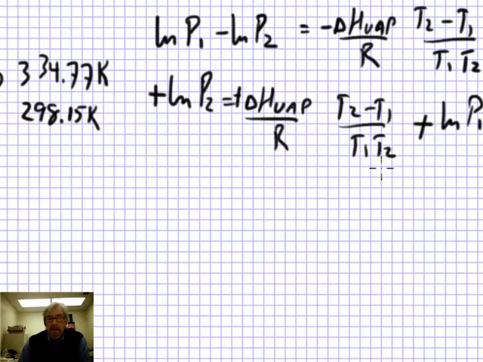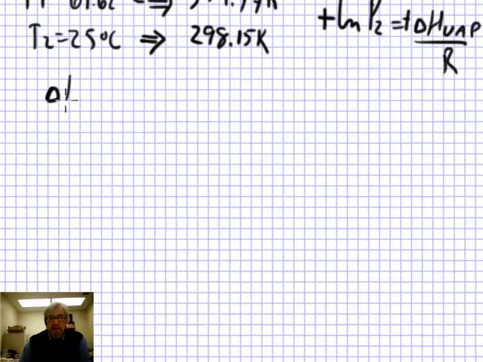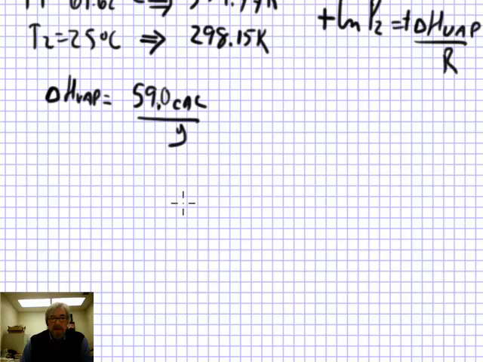I think I'm ready to put numbers in here, except the delta HVAP is not going to work out, because I know I'm going to have units of joules per mole Kelvin in R, so calories per gram aren't going to work. So I'm going to do a little unit conversion. Delta HVAP. It tells me in the problem that this is 59.0 calories per gram. Well, a calorie is 4.184 joules. If you didn't know that, you could have looked that up.